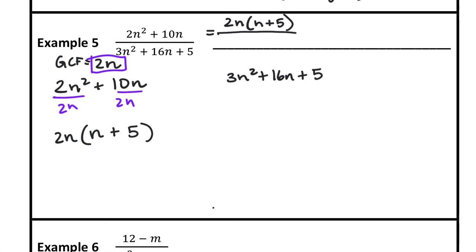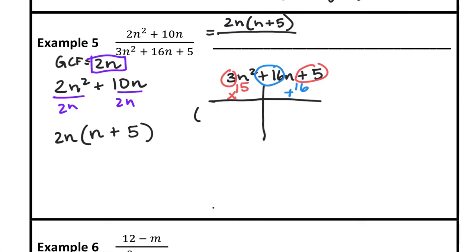The bottom looks like a table method question. So that means I'm going to set up my table. I'm multiplying and adding, right? I'm adding to get 16, and I'm multiplying the 3 and the positive 5 to give me 15. So I want to multiply to get 15 and add to get 16.